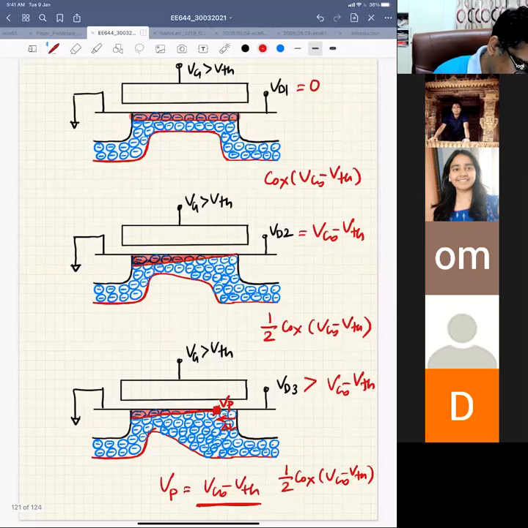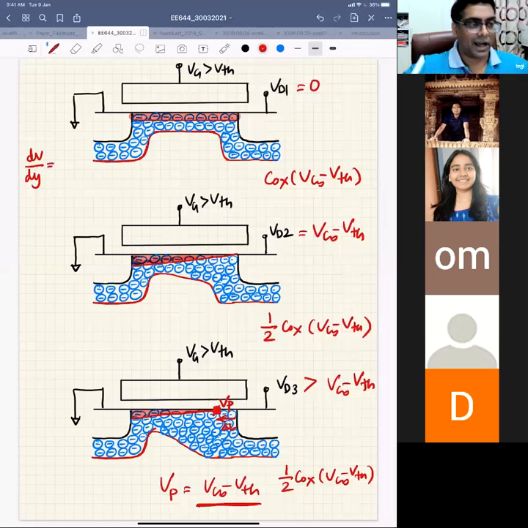What is dV by dy in the first case? I have a channel, and the voltage difference across the channel is 0, so 0 by L, so I could write this is 0.